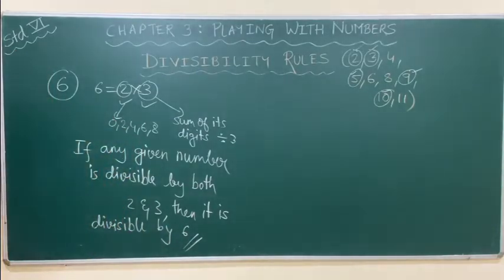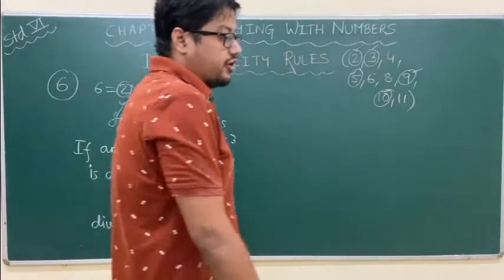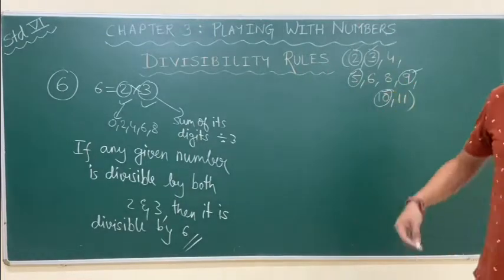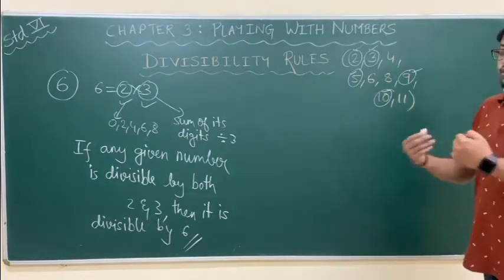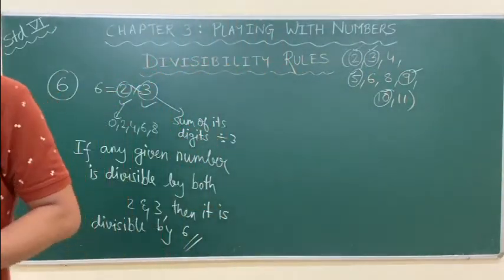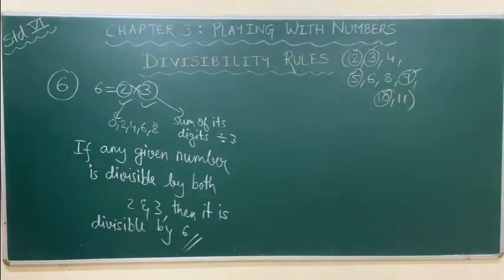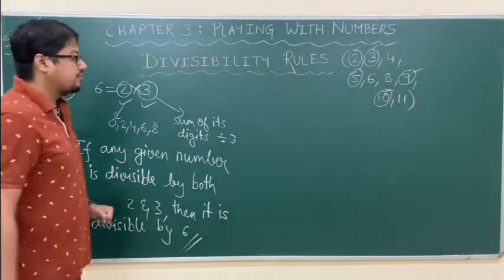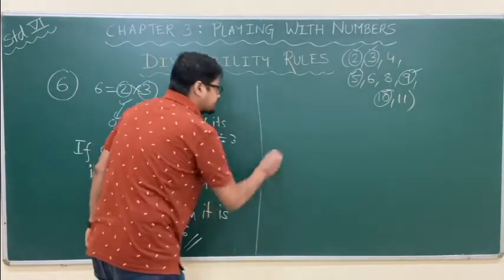Hope you are understanding the rule. There is no direct checking for the divisibility test of 6. If any number is divisible by 2 and 3 both together, then only we will say that that given number is divisible by 6. Now we will take some examples.